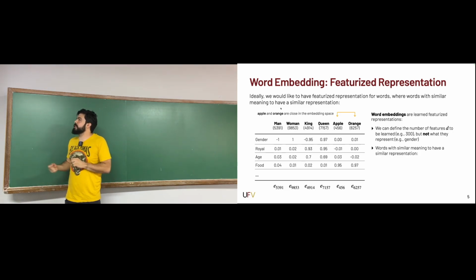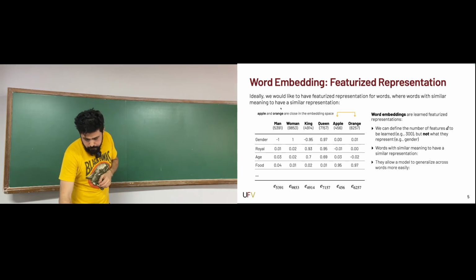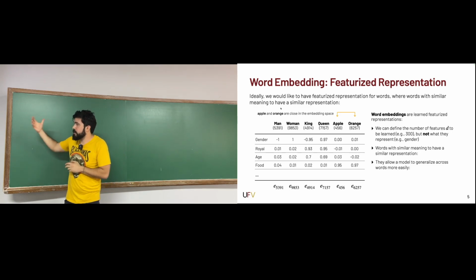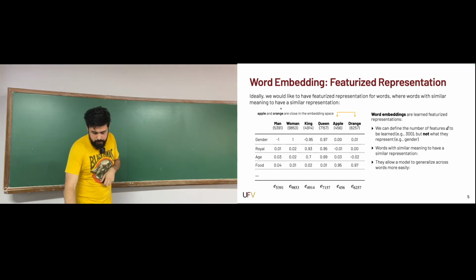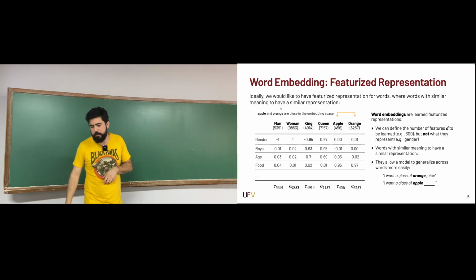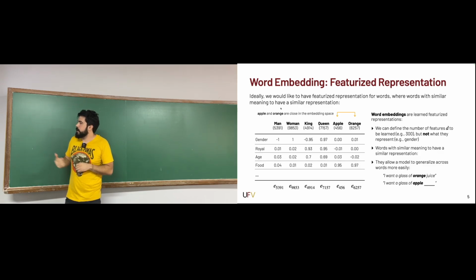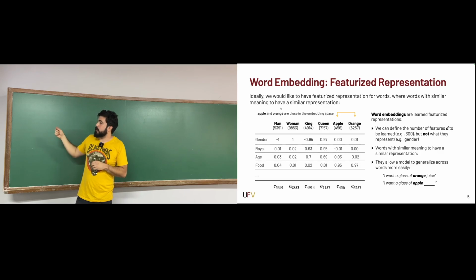But as you will see, these word embeddings will give similar representations for words with similar meaning, right? And this is a really cool property of word embeddings. Because of that, they will allow our models to generalize across words much more easily. So for example, if you have that same problem of predicting the next word from the context, I want a glass of apple... Right?